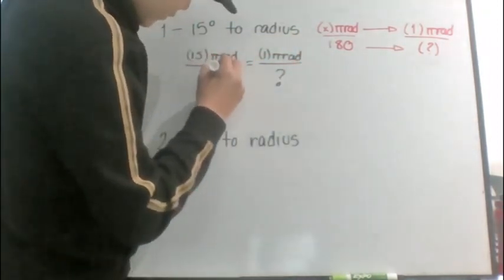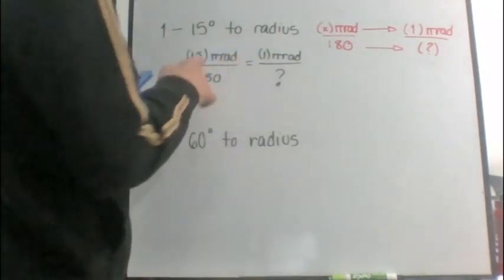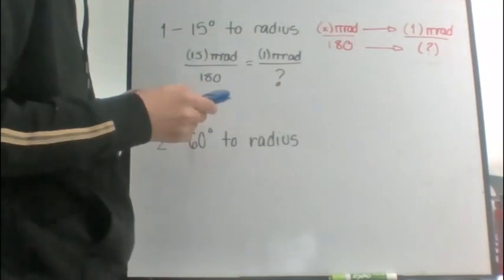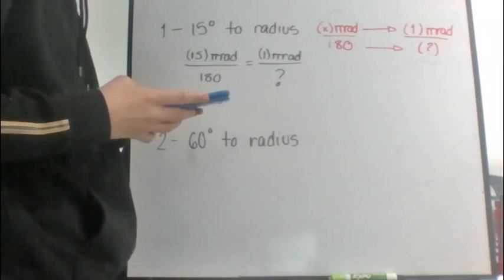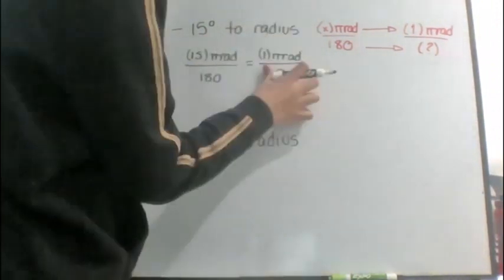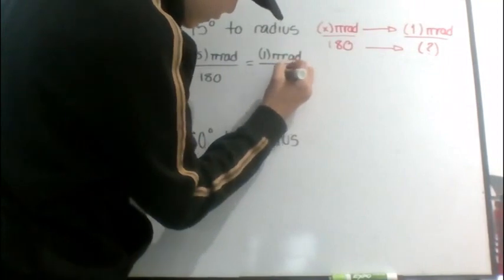So in this case, we only have to multiply 15 times 1 divided by 180. So it will be 15 divided by 180. It will be 1 over 12. So in here, we just put it as 1 over 12.